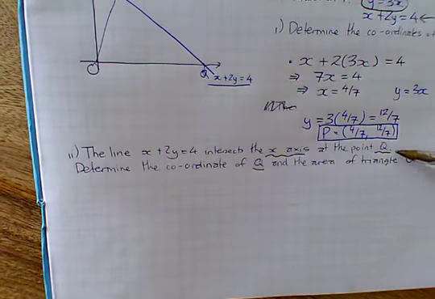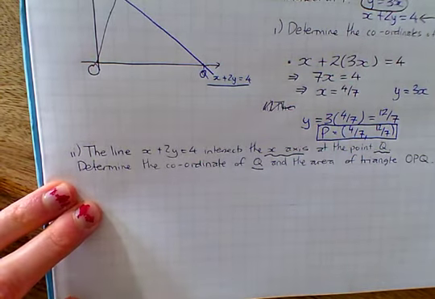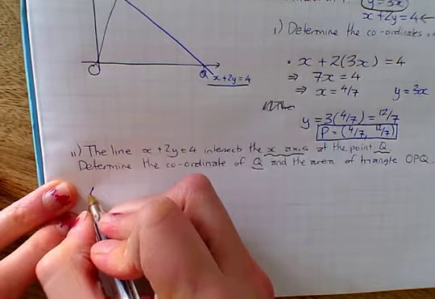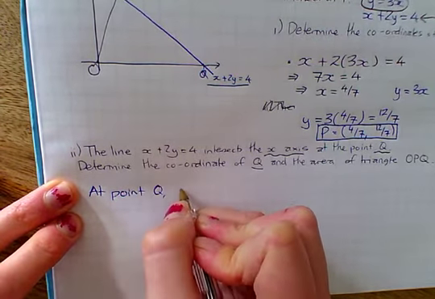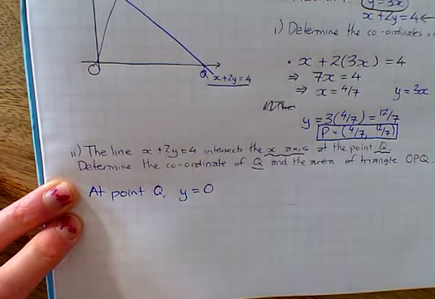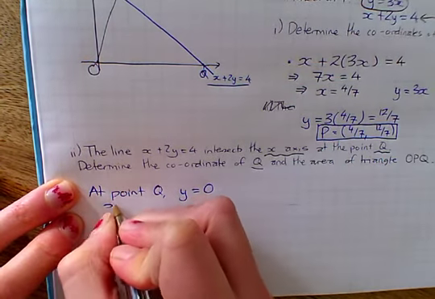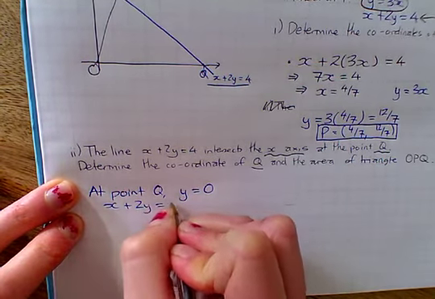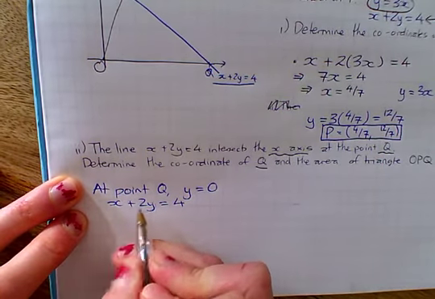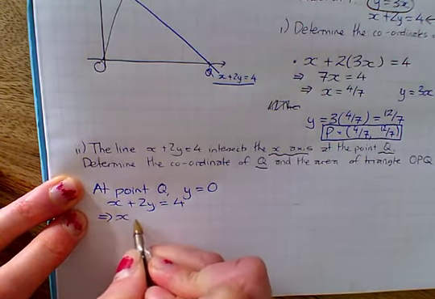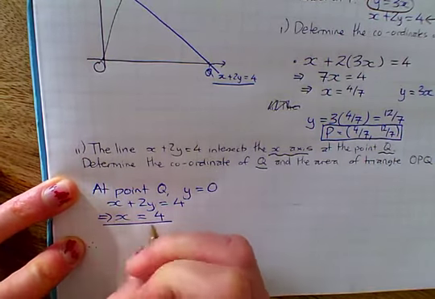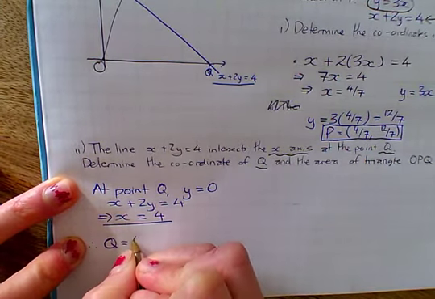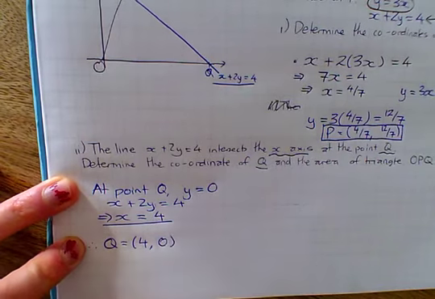So the first thing that I need to do is determine the coordinate of Q. Now, similarly to what we looked at above, at point Q, y is equal to 0. Now the line is x plus 2y equals 4, so therefore if y is equal to 0, I can simply deduce that x is equal to 4. So therefore the coordinates of Q are 4, 0.